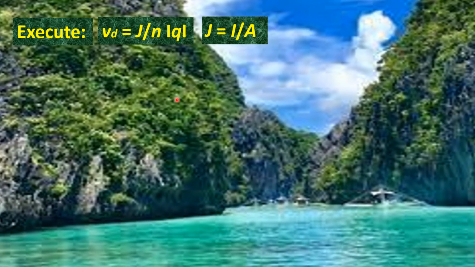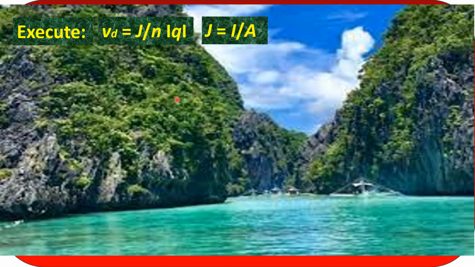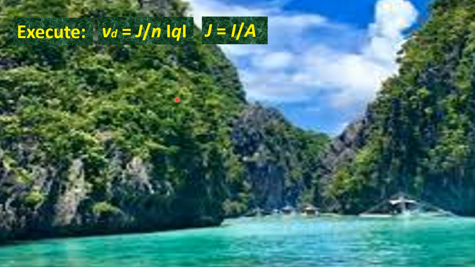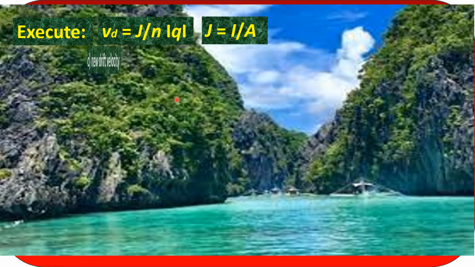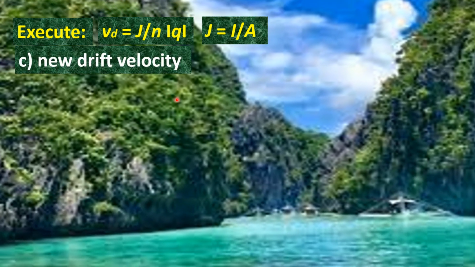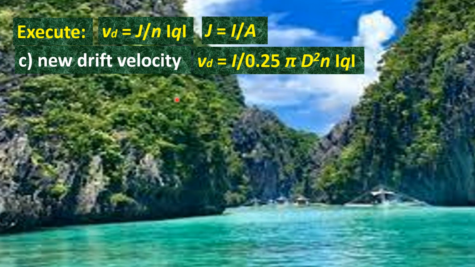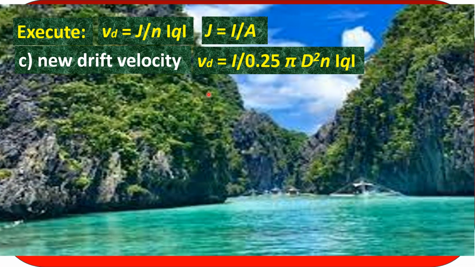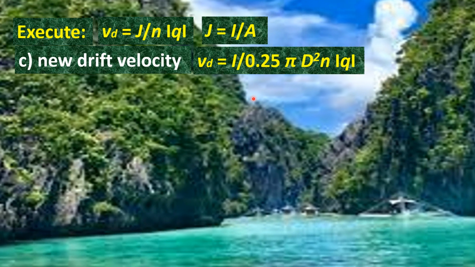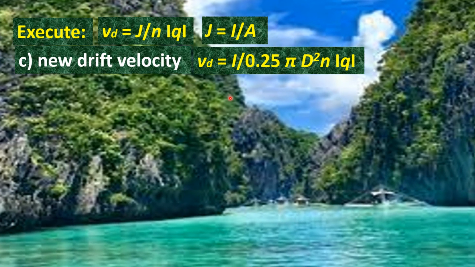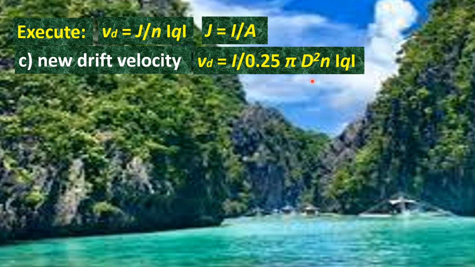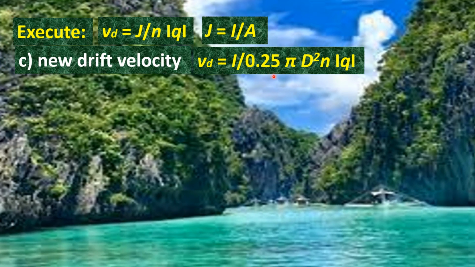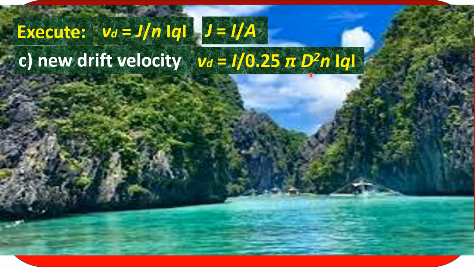So we can express the new drift velocity in this expression. V sub d will now be equal to the current, capital I, divided by the cross-sectional area, which is 0.25 pi d squared, all right?